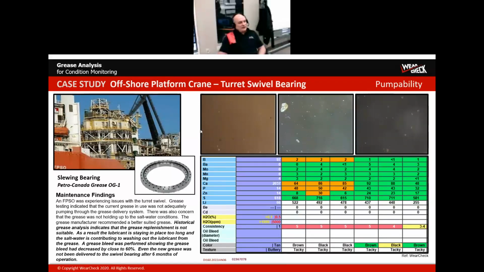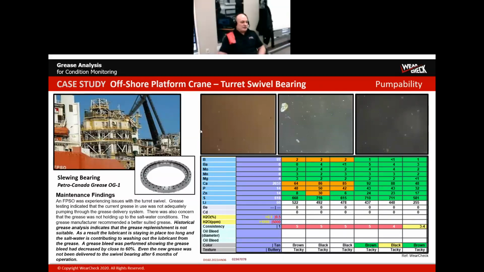And these bearings are all having grease delivered through a large grease distribution system and header. And the one thing we've obviously noted over time is that the consistency of the grease has been extremely high.